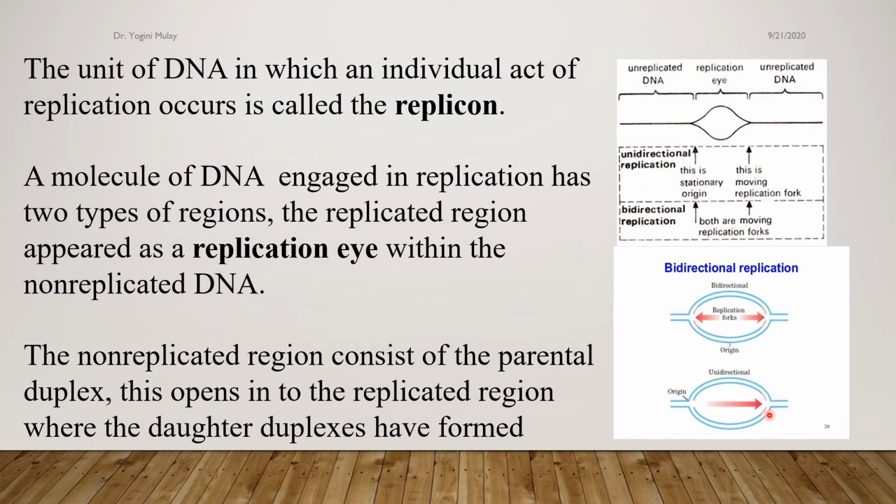In case of the unidirectional mode of replication, only one replication fork will move further. Whereas in the bidirectional mode of replication, you will see two replication forks, one which will move in this direction and the second will move in this direction.